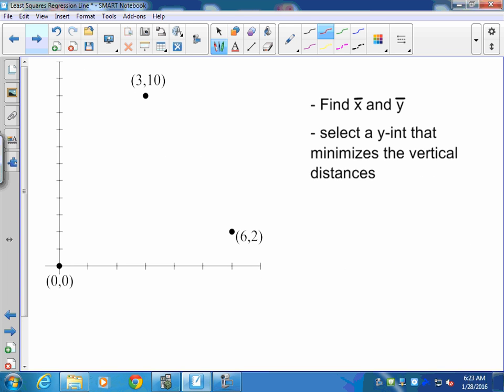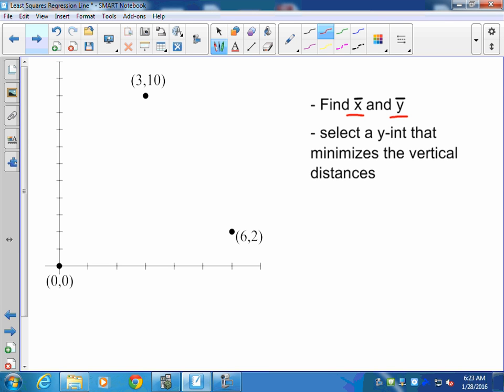Now we look at this simple 3 data point situation. How is a least squares regression line calculated? The one point that's on every least squares regression line is the mean of x, mean of y coordinate.